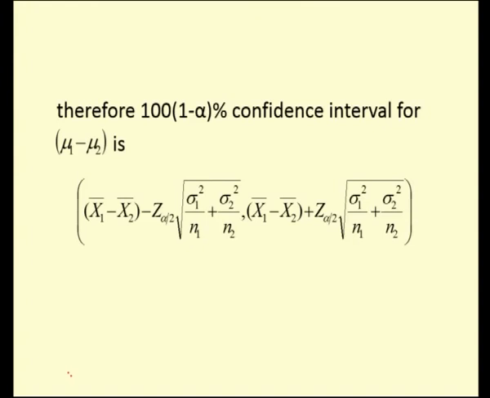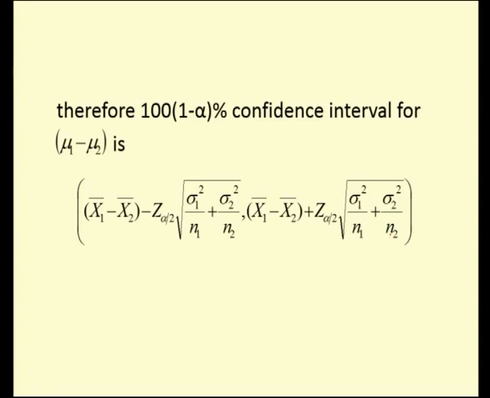Therefore, 100 into 1 minus alpha % confidence interval for mu1 minus mu2 is nothing but x1 bar minus x2 bar minus z alpha by 2 into square root of sigma 1 squared by n1 plus sigma 2 squared by n2, comma x1 bar minus x2 bar plus z alpha by 2 into square root of sigma 1 squared by n1 plus sigma 2 squared by n2.